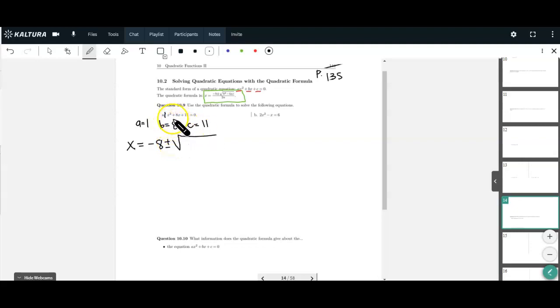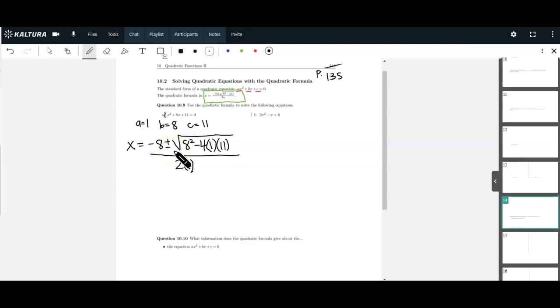So I'm going to take 8 and square it, and then minus 4 times a times c, so 4 times 1 times 11. All of this is inside that square root. And then all over, not in the square root anymore, is 2 times a, which is 1 in this case. Now we've just got to simplify this.